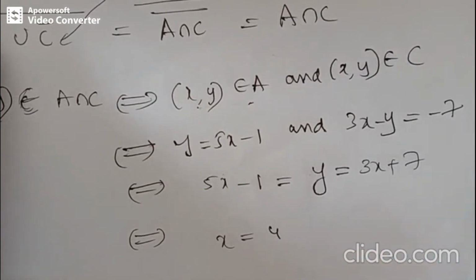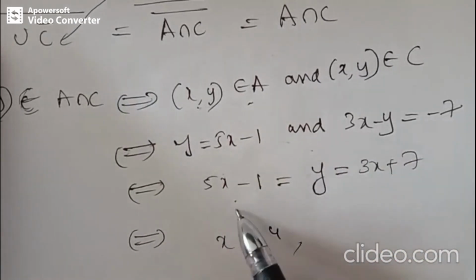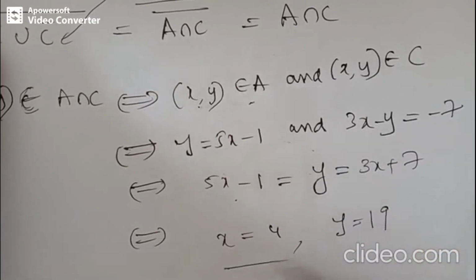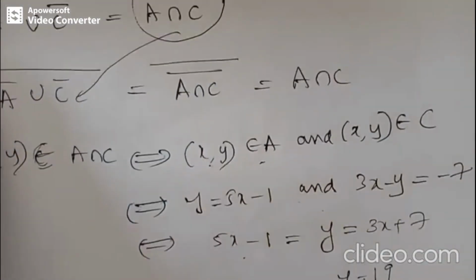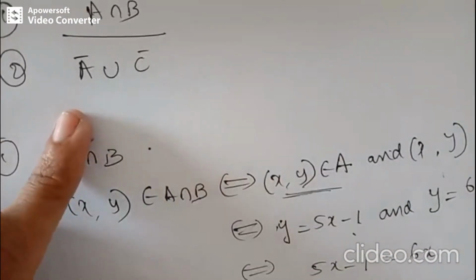So once you substitute x is equal to 4 in any one of these expressions, you will get the value of y, that is 19. So this is how you can compute A complement union C complement, the whole complement. Okay.